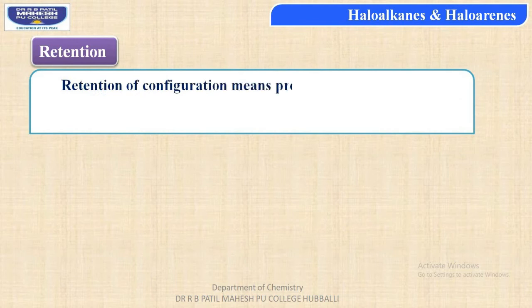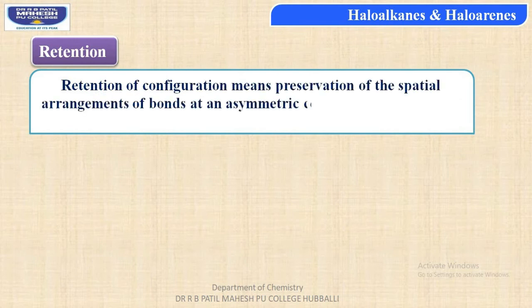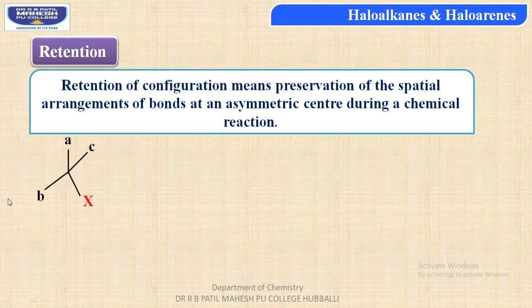Now students, let us consider retention of configuration. In this case, the preservation of the spatial arrangement of bonds at an asymmetric center occurs during a chemical reaction. Let us understand this by an example. Students, when a molecule has all 4 different substituents or groups, then the center carbon atom is a chiral carbon atom.